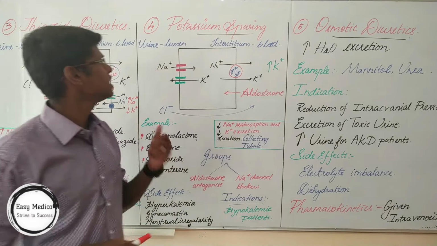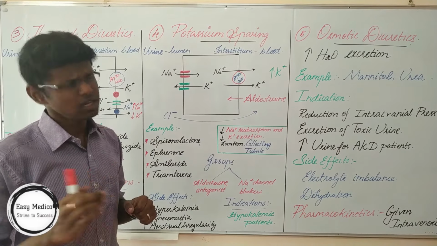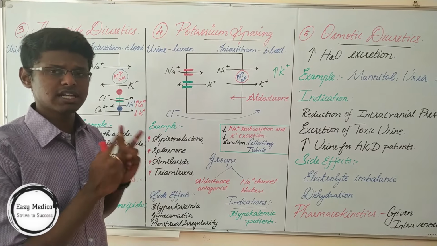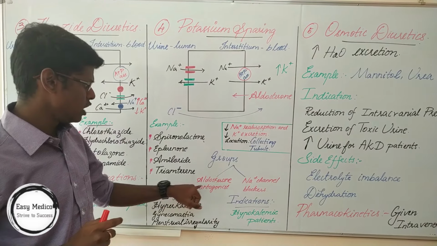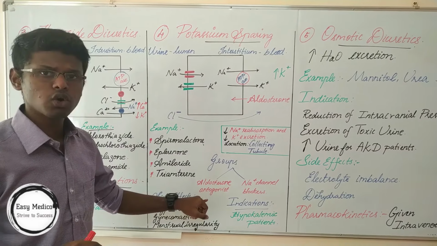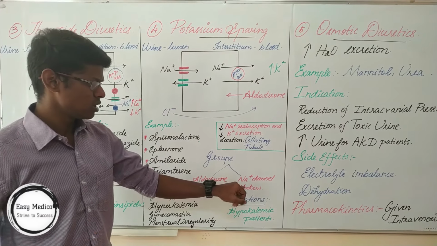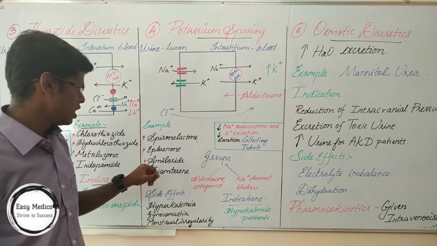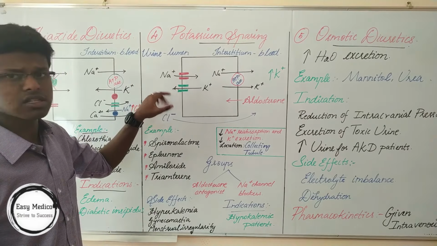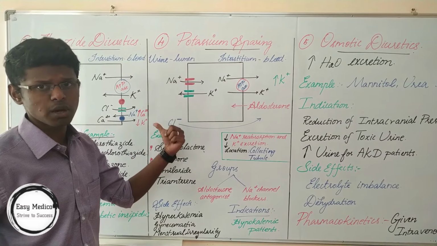Now, let's move on to the next classification, which is potassium sparing drugs. What happens over here? Let's move on to the epithelial cells. Here, these drugs are classified into two groups, which are aldosterone antagonists and sodium channel blockers. Aldosterone antagonist examples are spironolactone and eplerenone. Sodium channel blockers are amiloride and triamterene. There are two channels, sodium and potassium channels, where sodium enters in and potassium comes out.